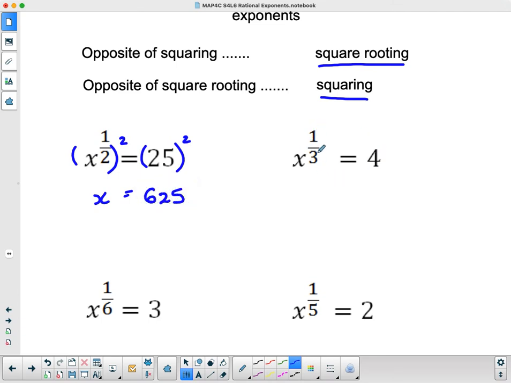Now over here, the opposite of cube rooting is cubing. So to get rid of that, we're going to cube both sides. This is just going to be x because I got rid of it. A third times, remember this is a power even, so a third times 3 is just 1. And 4 to the exponent 3 is 64.